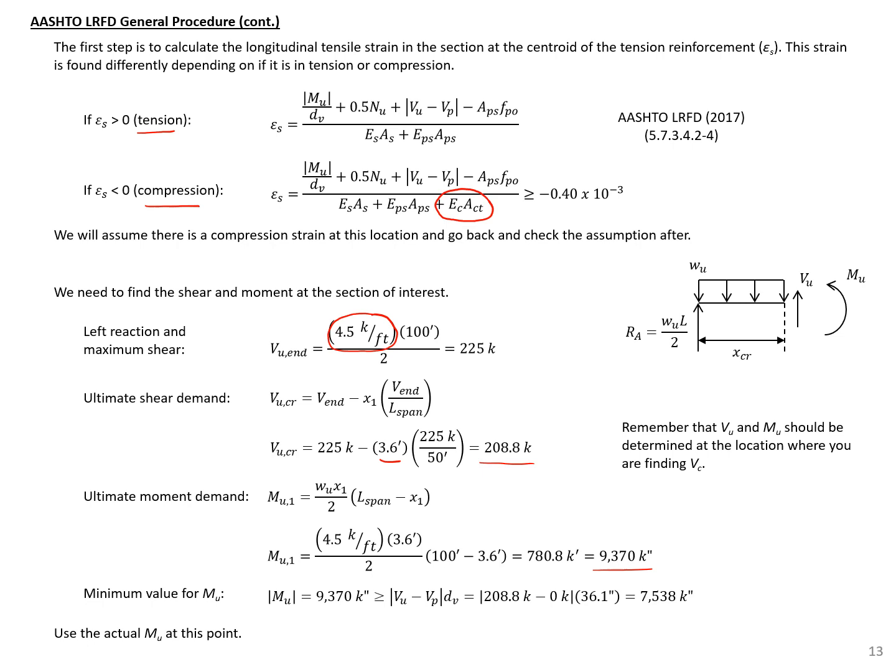AASHTO tells us that the minimum Mu value, or Mu needs to be greater than Vu minus Vp times dv. So we can see that this term is equal to 7,538, which is less than our actual Mu. So we're going to use the actual Mu at this point.